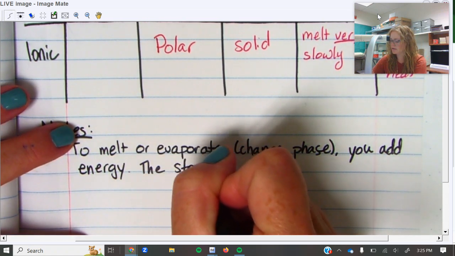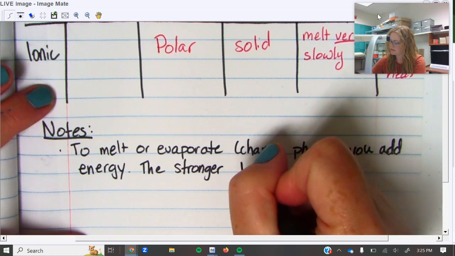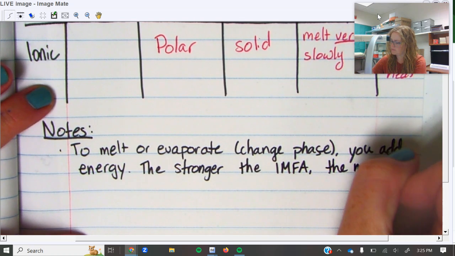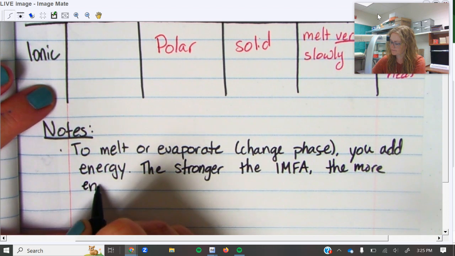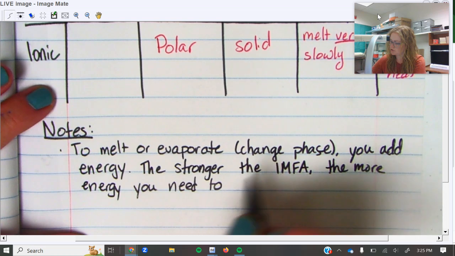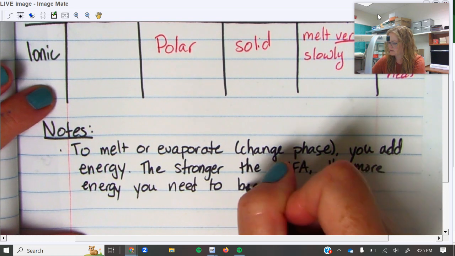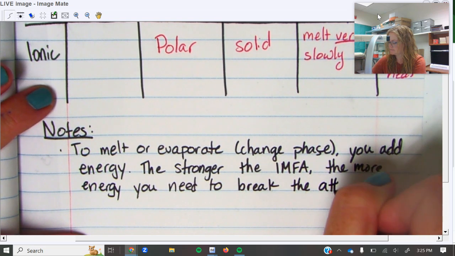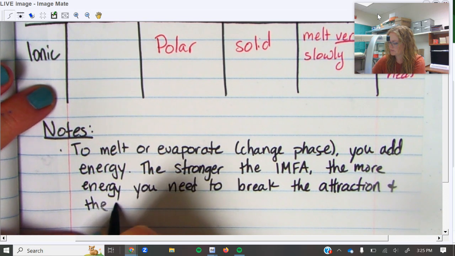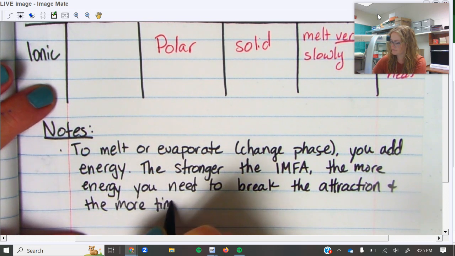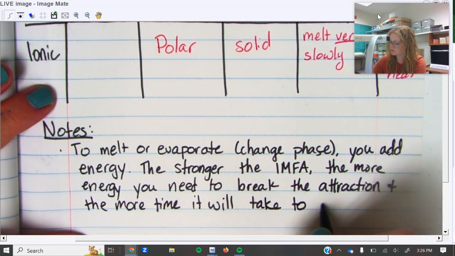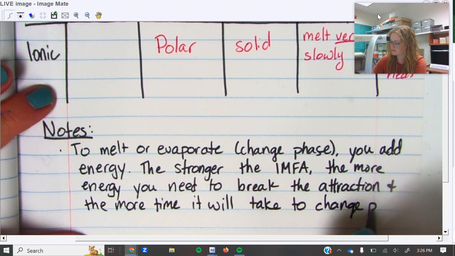The stronger the IMFA, the more energy you need to break the attraction, and the more time it will take to change phase.